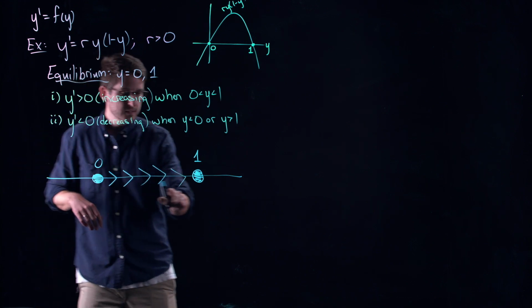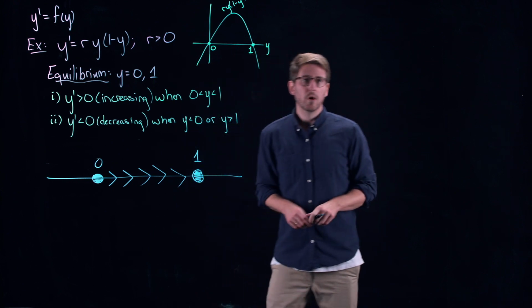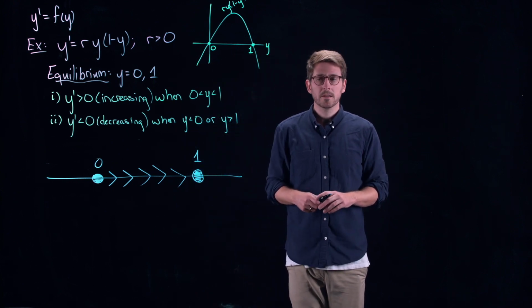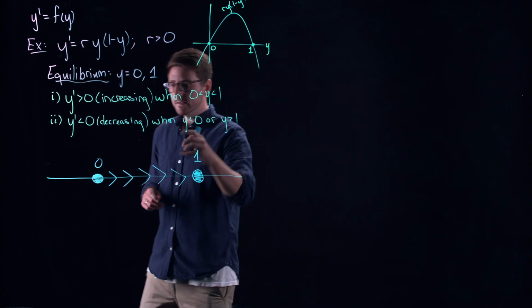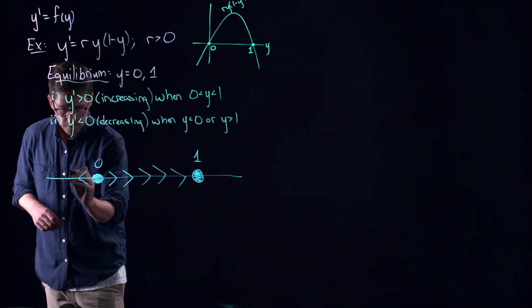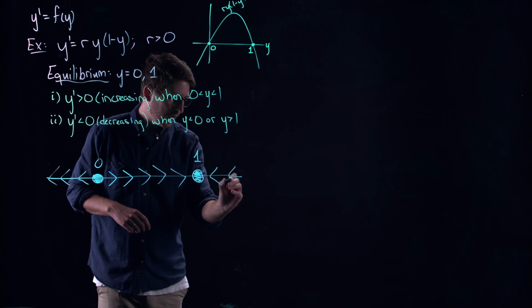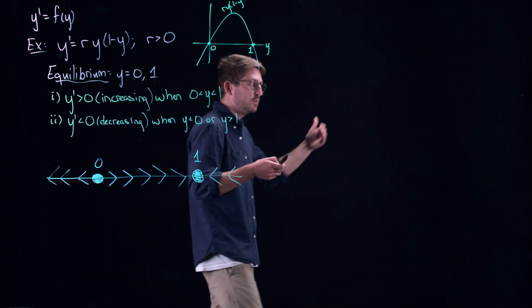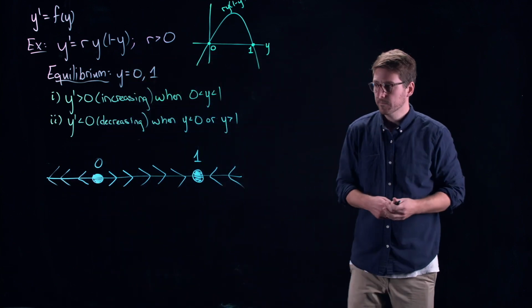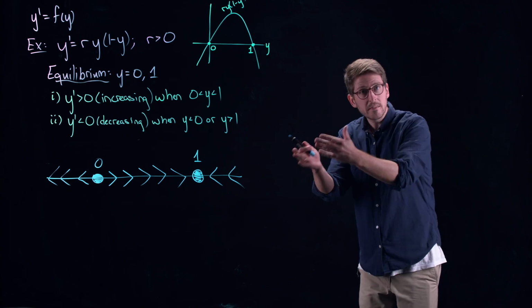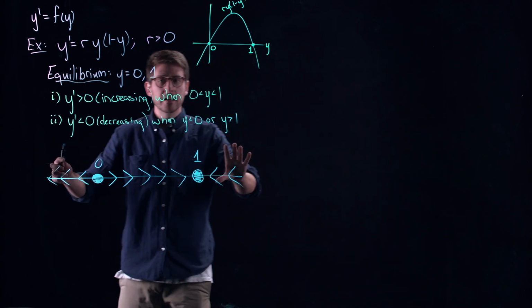The arrows tell us that we are increasing when we are between 0 and 1. Similarly, when I am less than 0, I am decreasing. And when I am bigger than 1, I am decreasing. Remember, decreasing is moving to the left on the number line. That right there is a phase line diagram.